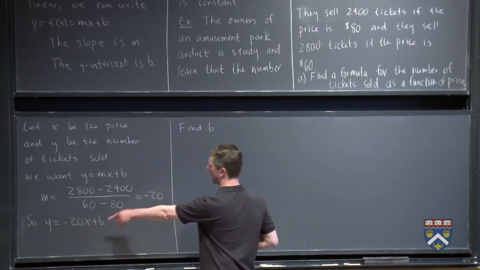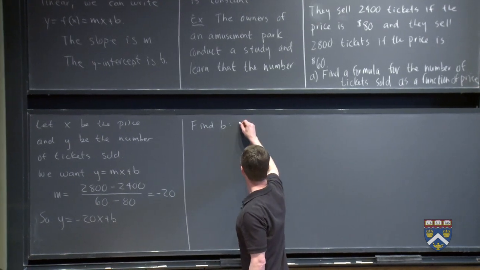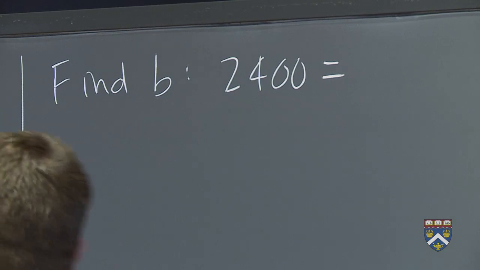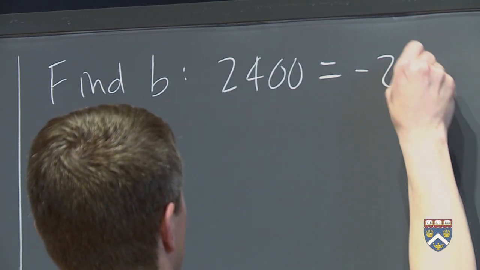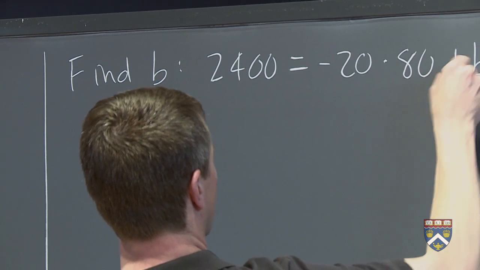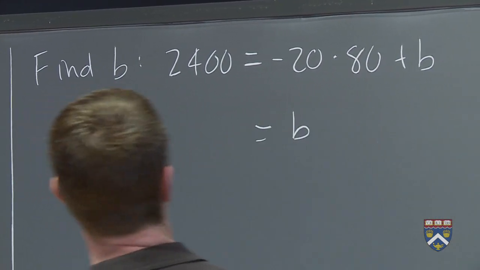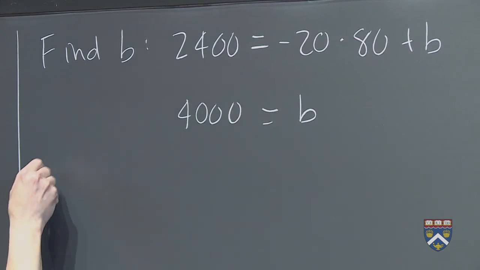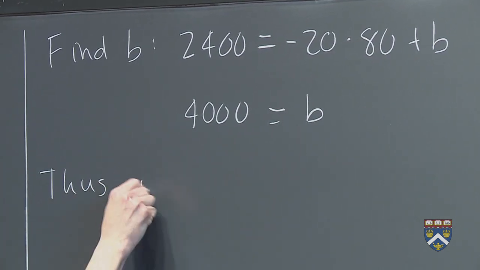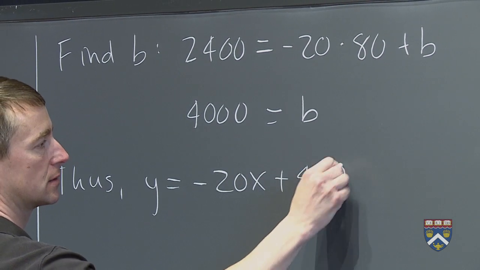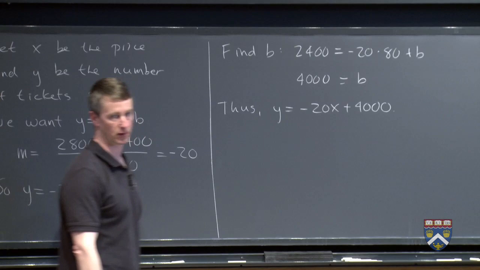For y, I'm going to plug in 2,400, and we've decided that equals negative 20 times x, that's 80, plus b. And I think that works out to be b equaling 4,000. So we've got our equation: y equals negative 20x plus 4,000.